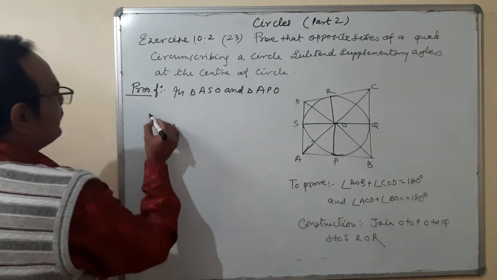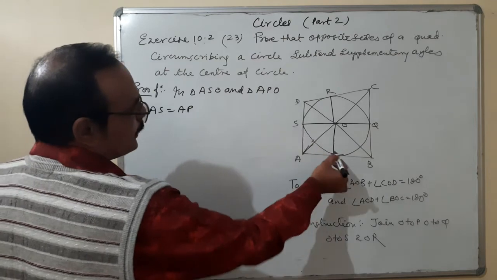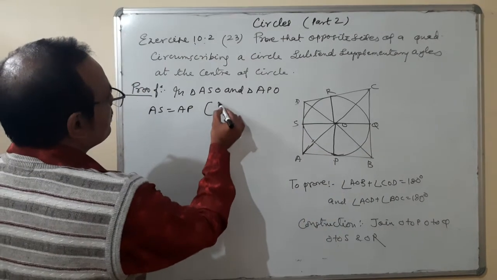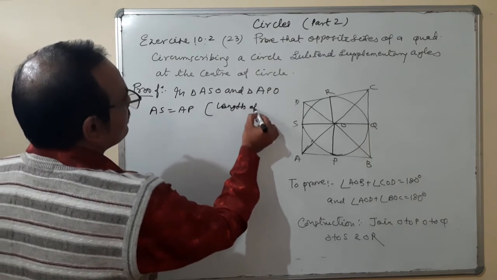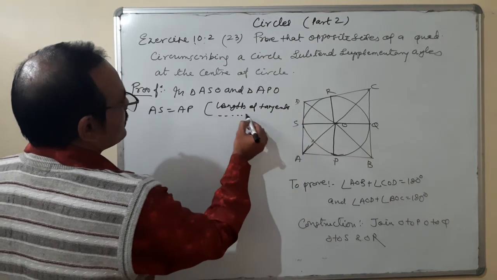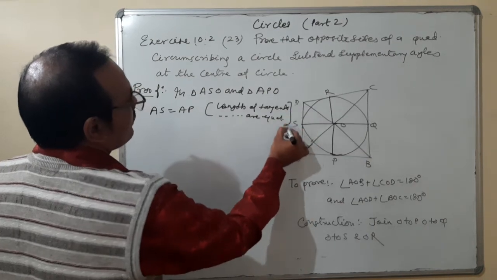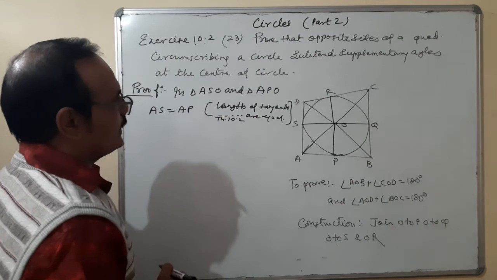AS is equal to AP. Theorem 10.2: lengths of tangents drawn from an external point to a circle are equal. So AS is equal to AP.